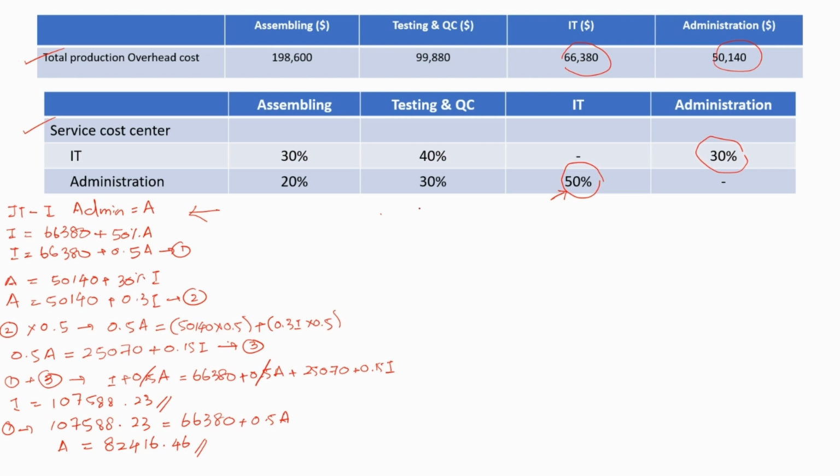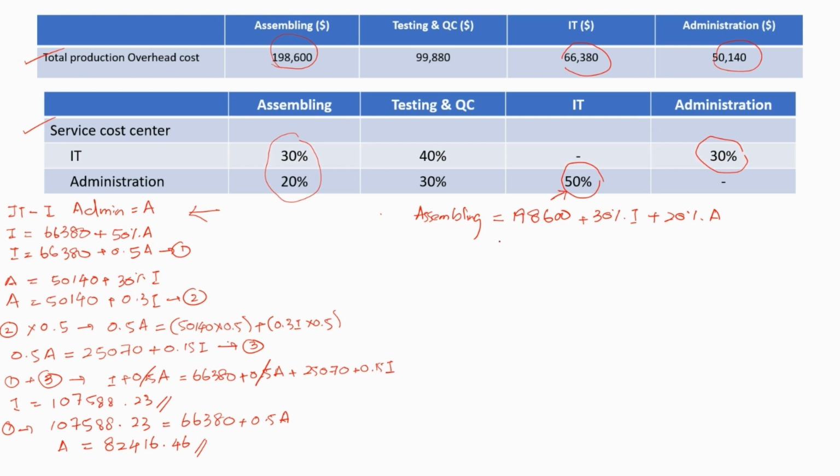So for the assembly production cost center, the total production overhead cost after the reapportionment is equal to the allocated amount, which is 198,600, which is this amount, plus the reapportionment amounts from the service cost centers. So 30% from the IT plus 20% from the administration.